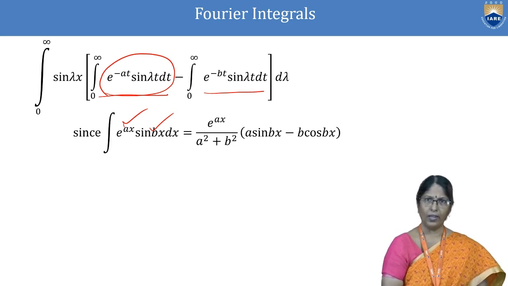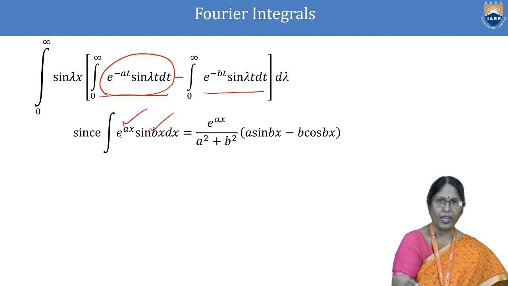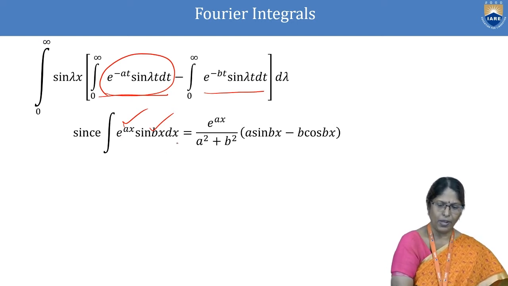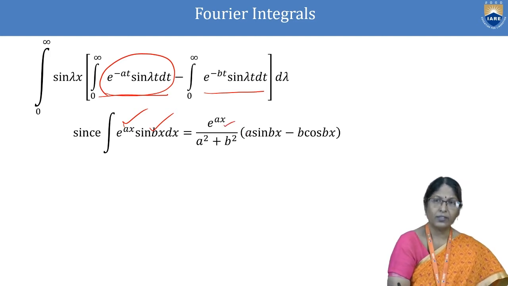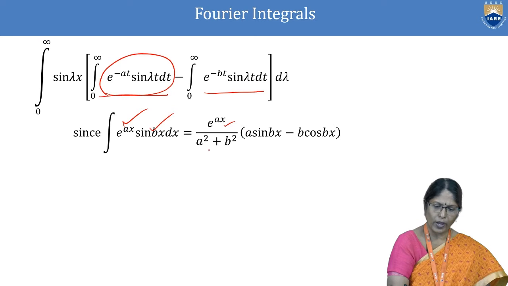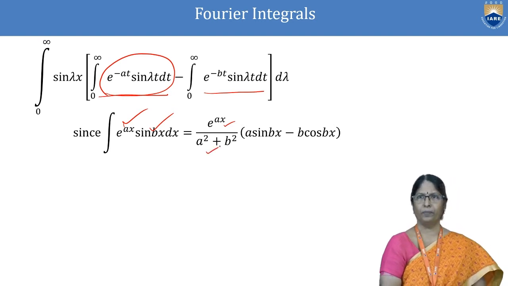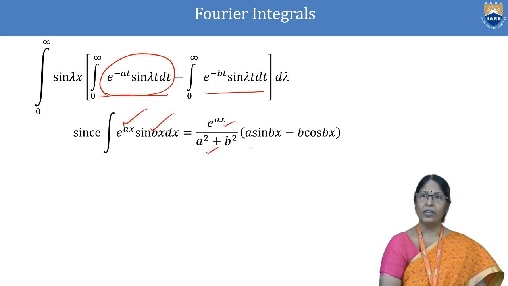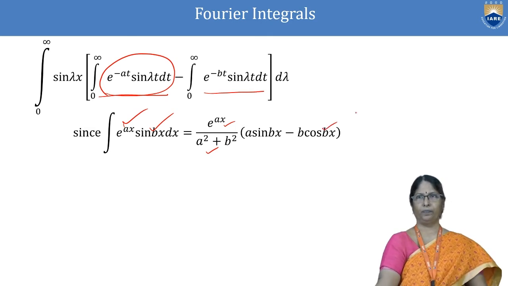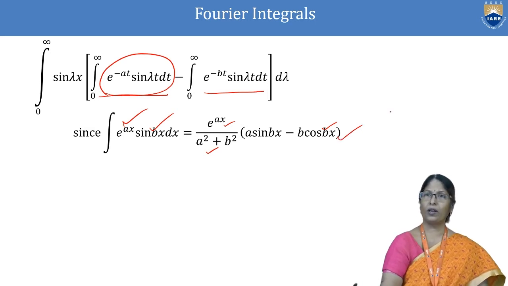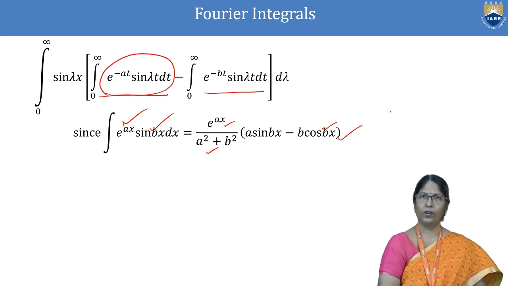The formula is: the integral of e^(ax) sin(bx) dx equals e^(ax)/(a² + b²) times (a sin bx - b cos bx). The formula is now ready.